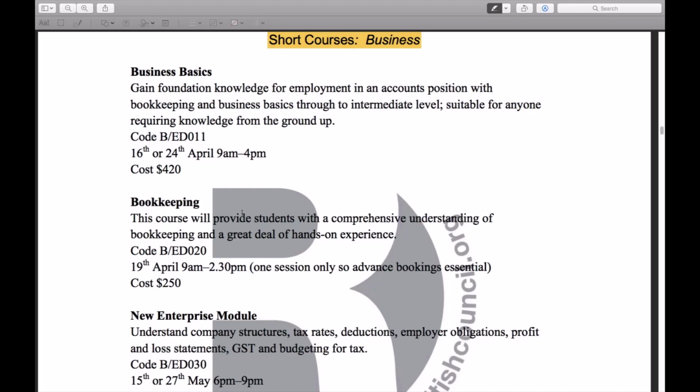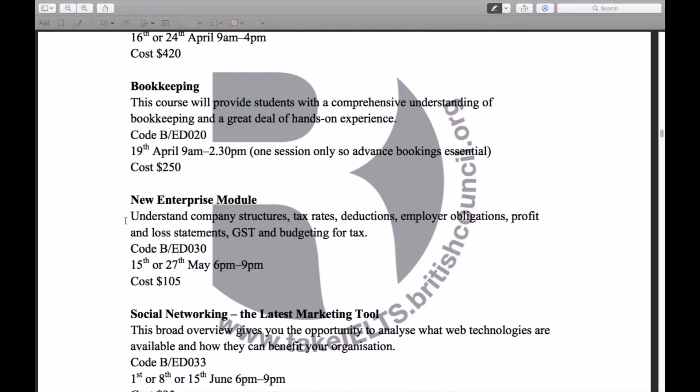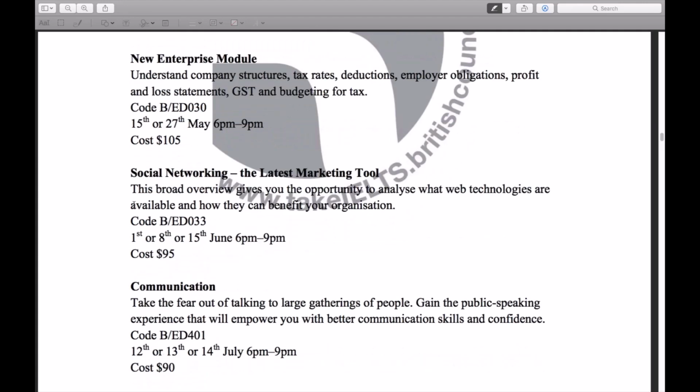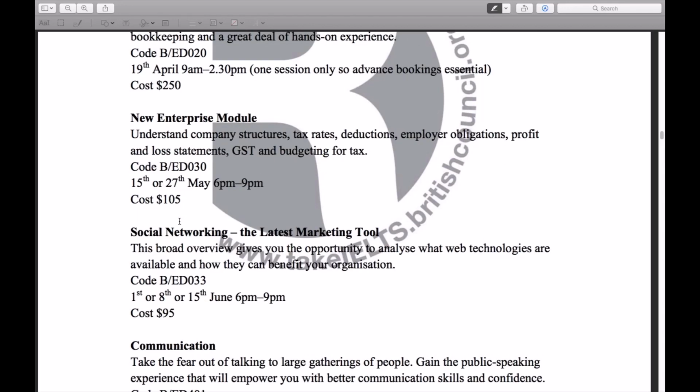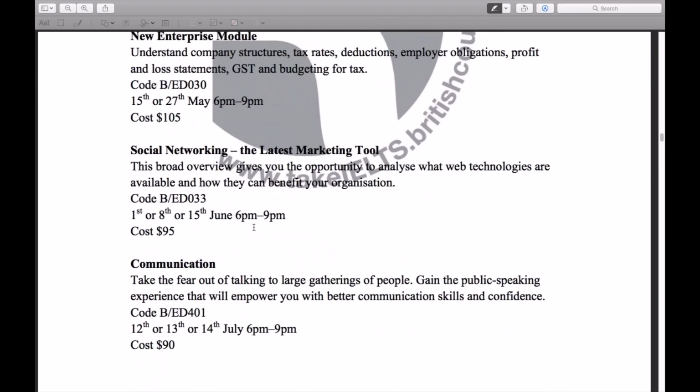This course will provide students with a comprehensive understanding of bookkeeping and a great deal of hands-on experience. New enterprise module: understand company structures, taxes, deductions, etc. Social networking, the latest marketing tool. This broad overview gives you the opportunity to analyze what web technologies are available. All right. Communication: take the fear out of talking to large public gatherings of people. So these are the different courses they are offering.